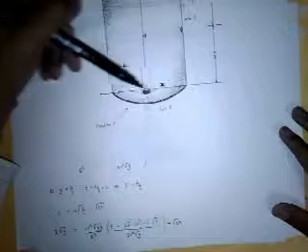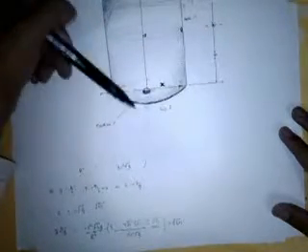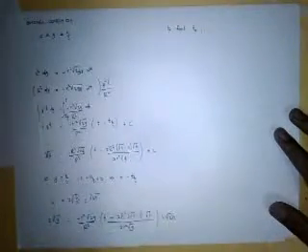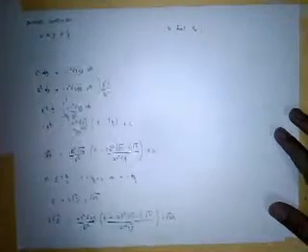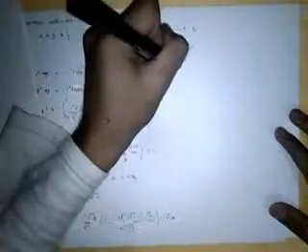Now, to find t of 0, the time when there is no water left in the cylinder, that means it is empty, we let y equal to 0, and then we get t of 0.